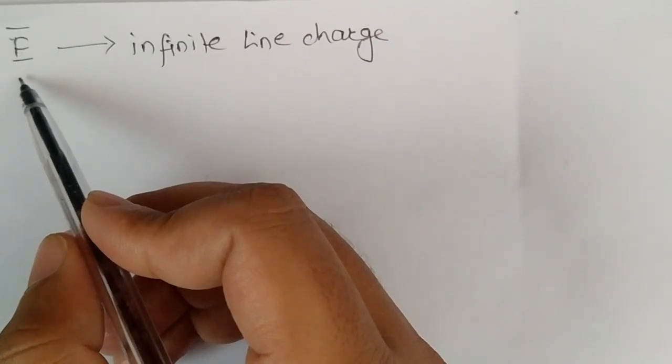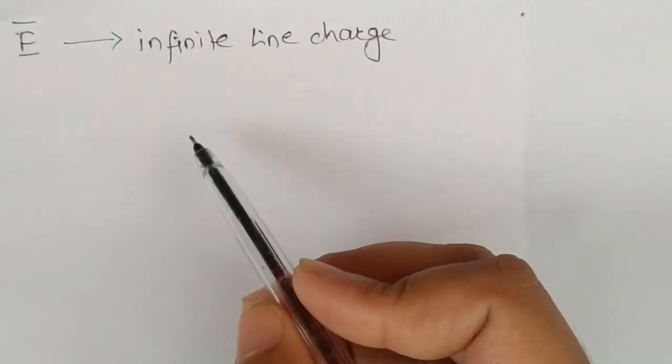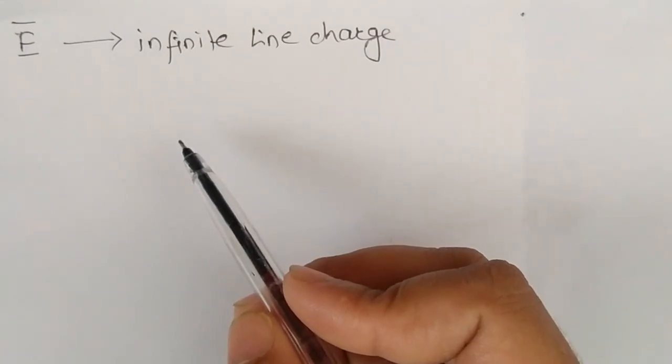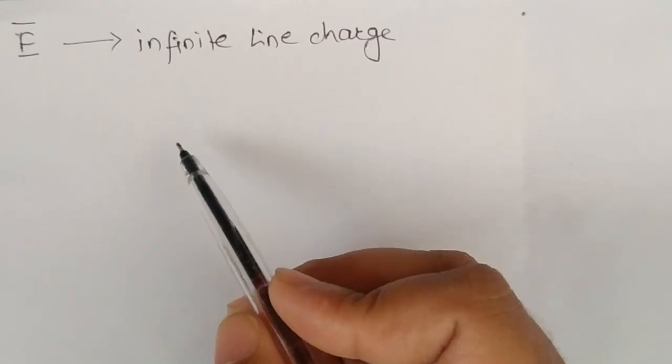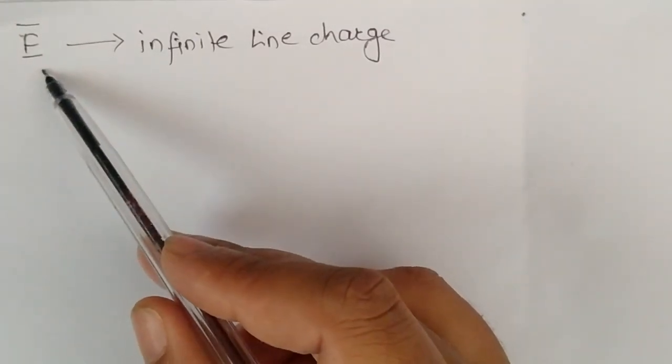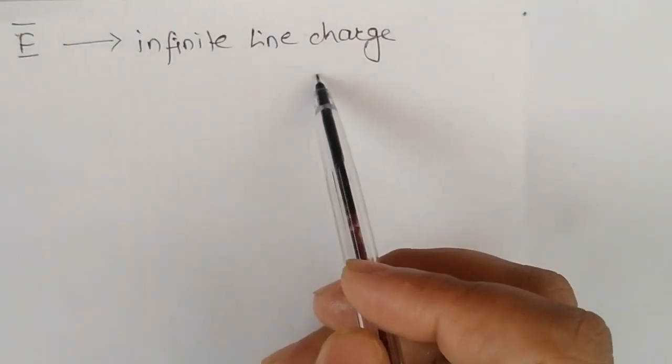Now the problem arises whether we should go with such a derivation or not. But I think that in your university examination numericals may come, and therefore it may be assumed that you should know the value of this E bar, the electric field intensity, for an infinite line charge.